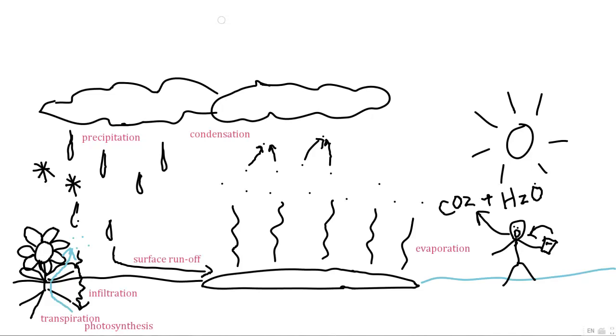So let's put that last process in here. So 1, 2, 3, 4, 5, 6, 7, 8 processes of the water cycle, and that is how all of these things are linked. We have water vapor in the atmosphere, we have water in the ground, we have water in the hydrosphere, like lakes and rivers.